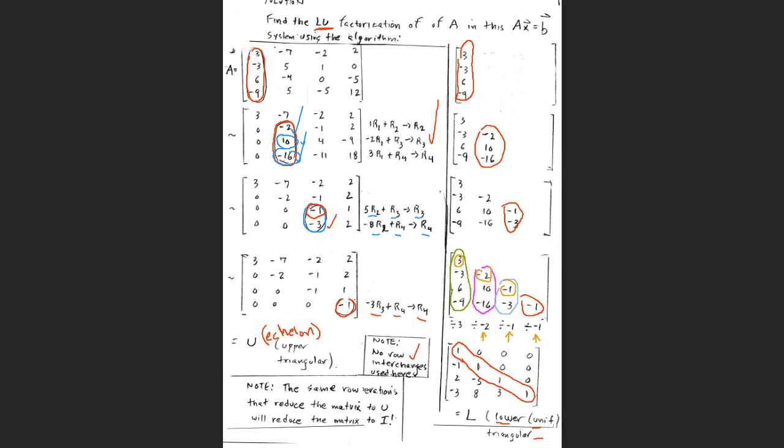And this is going to give me my lower unit triangular matrix. And if you were to take matrix L and multiply it by matrix U, you would get back matrix A. And you can check that in MATLAB.